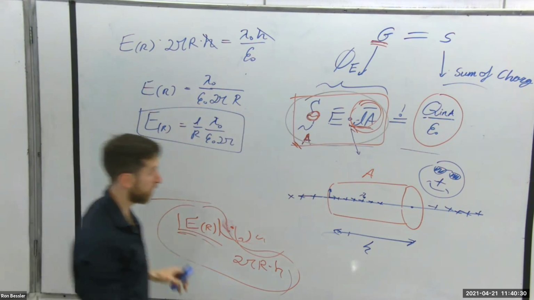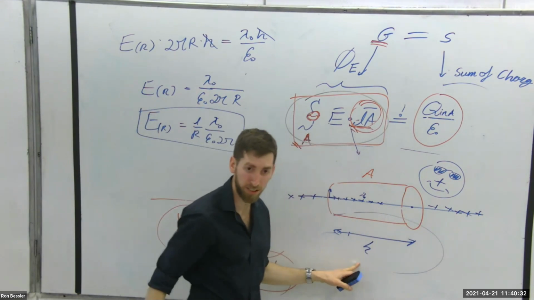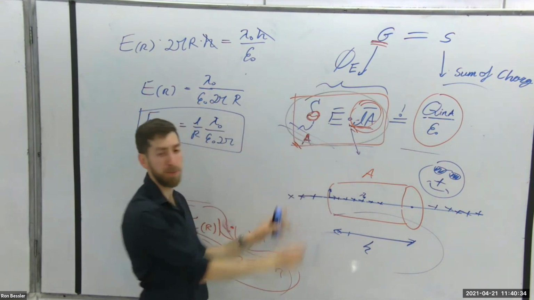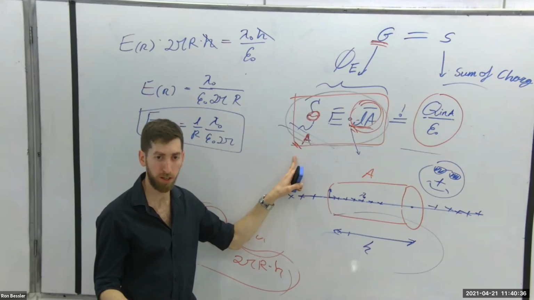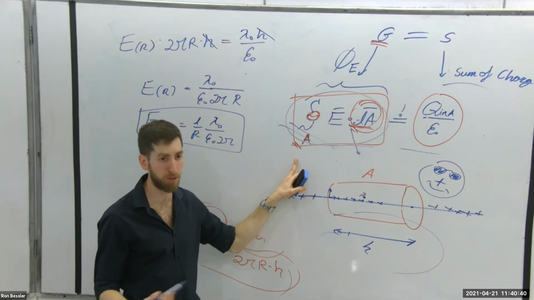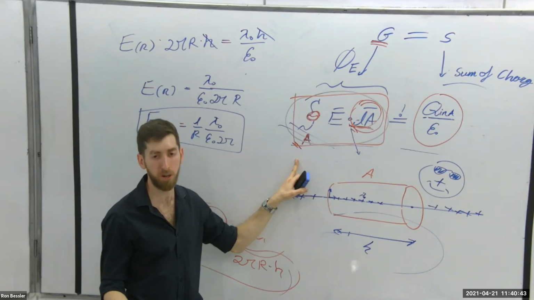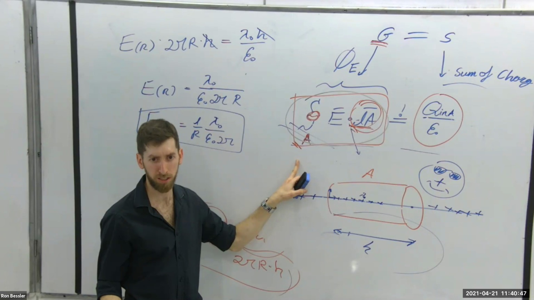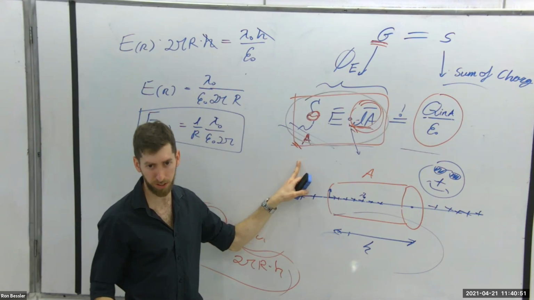And I promise you, this one took 10 seconds. I agree that this one took a lot because we talked about it. But after you see a wire, I know what to do with the wire. A box, I know what to do with the box. Sphere, I know what to do with the sphere. Pretty much all we have in this class. It's going to be the same every time. It's going to be your favorite.